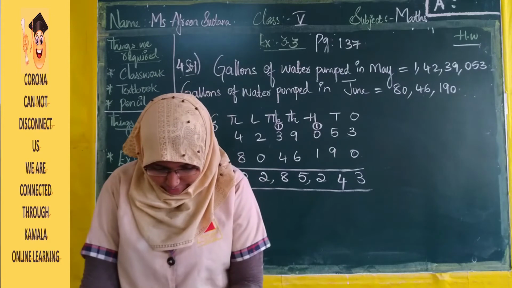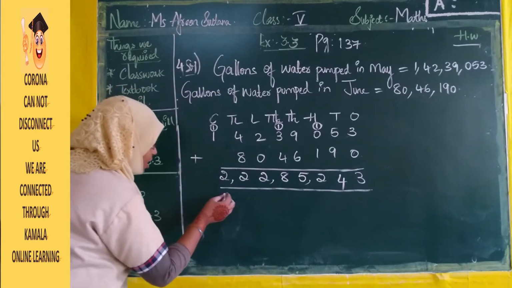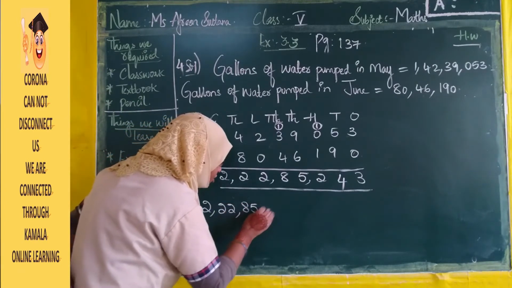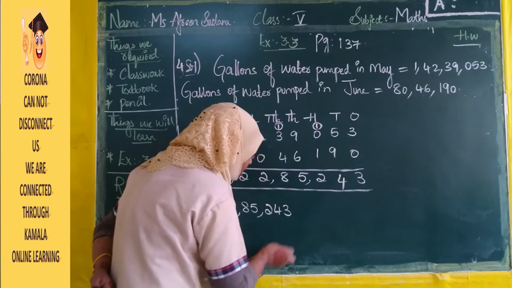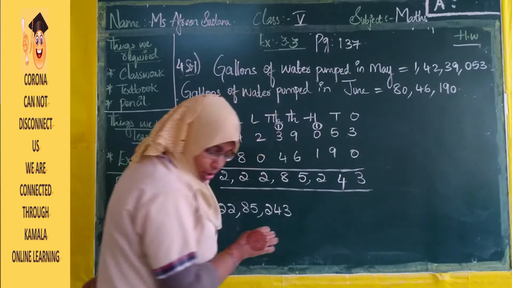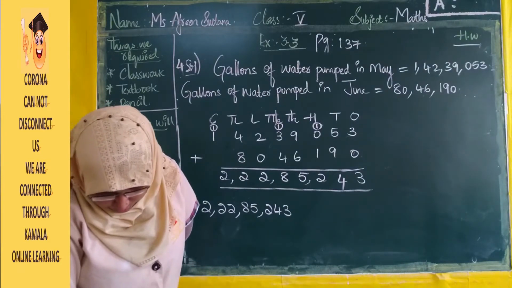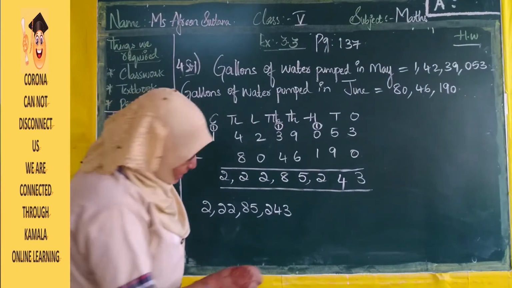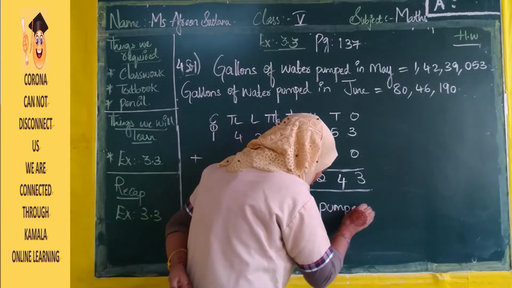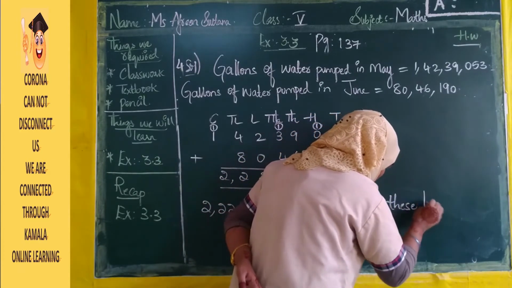So see what that is the question. How much water is pumped in all these 2 months? So 2 crores 22 lakh 85,243. Is pumped in these 2 months.